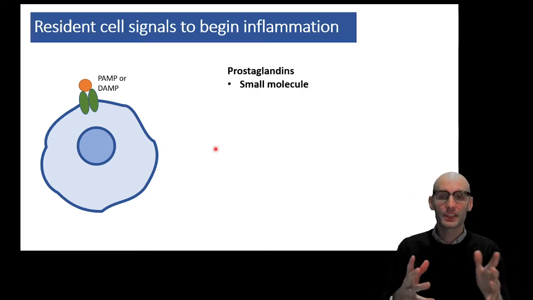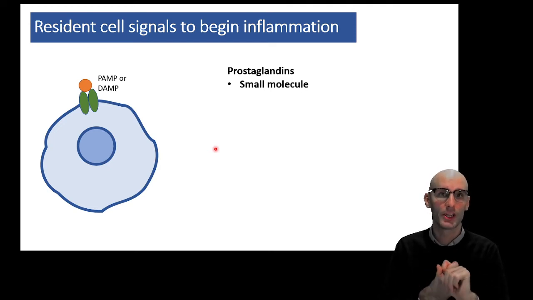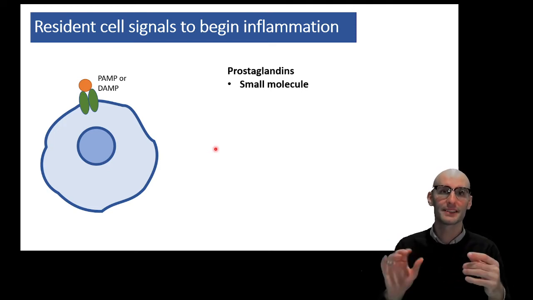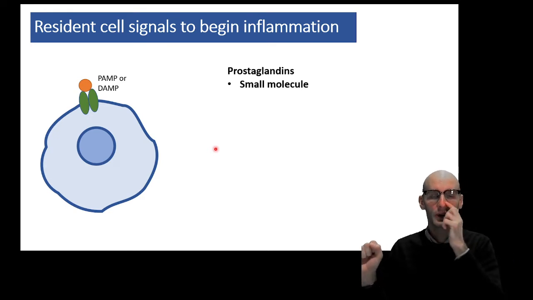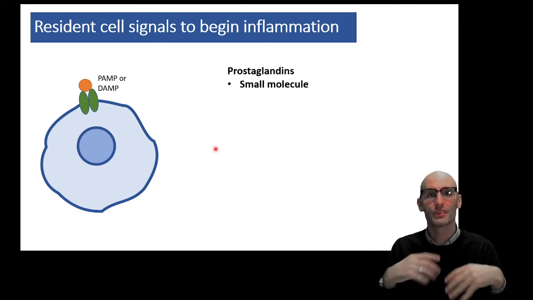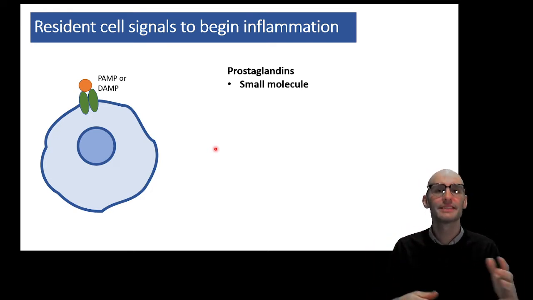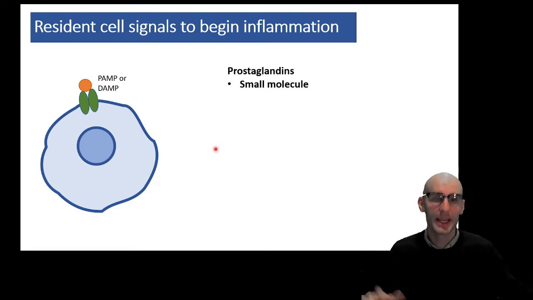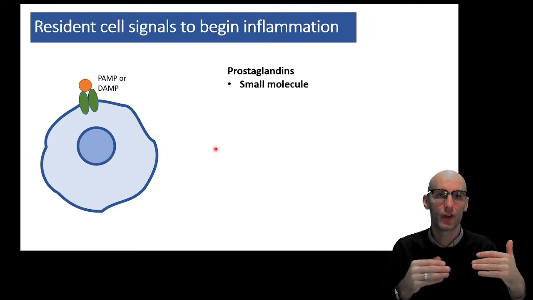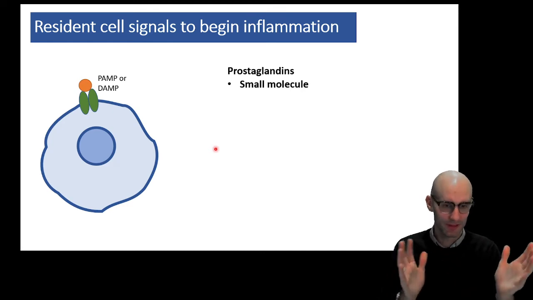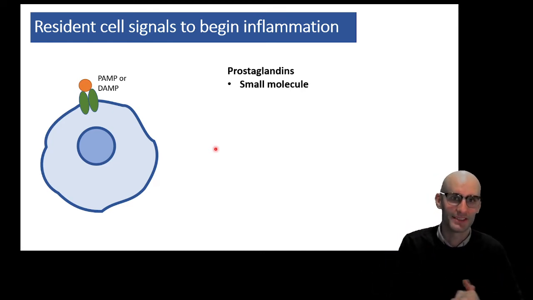So prostaglandins, first thing is they're a small molecule. In biology, we often break things up into small molecules and large molecules, and largely that means large molecules are peptides or proteins, and so that is chains of amino acids. They're very large. We measure those in kilodaltons, so thousands of daltons, so that very large molecular weight.